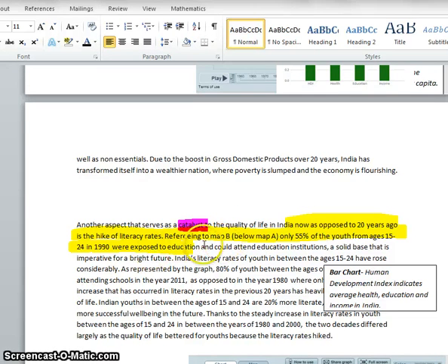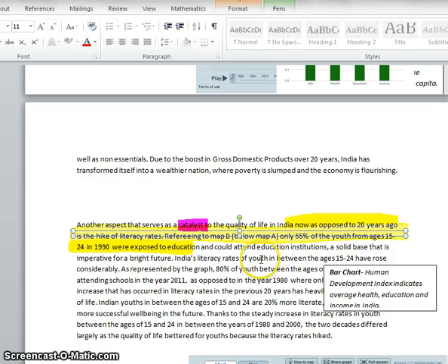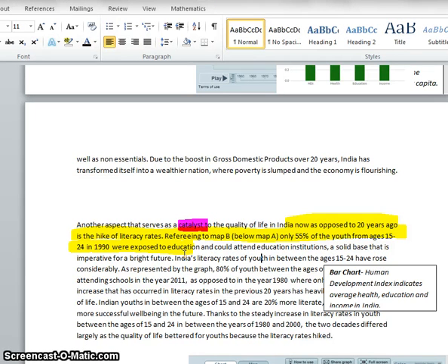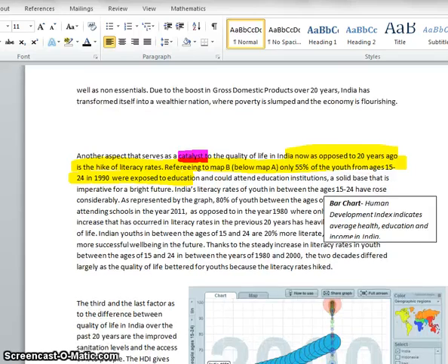And here I have decided to highlight this because this gives the reader lots of knowledge about India, and also gives it in a very good sentence with precise details.